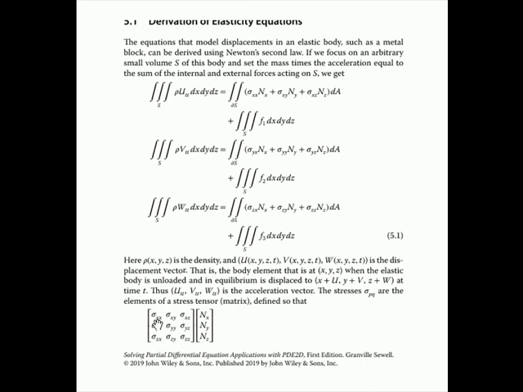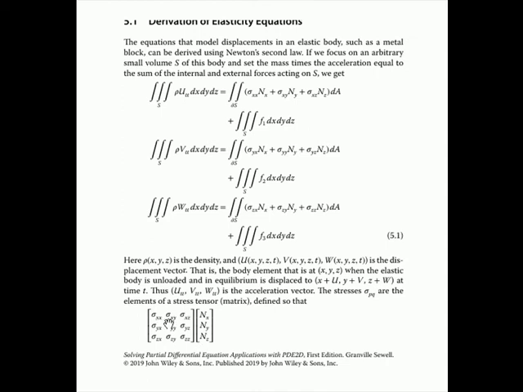In other words, the x component of the force of the rest of the material acting on that portion of the boundary would be sigma xx nx plus sigma xy ny plus sigma xz nz.